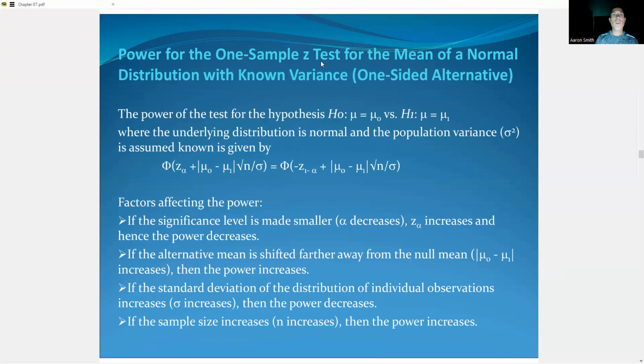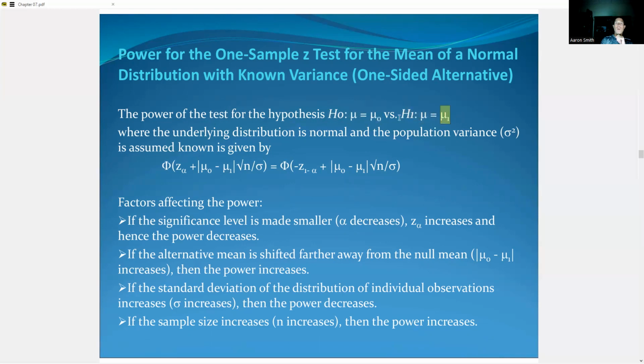Power for the one sample z-test for the mean of a normal distribution with known variance, one-sided alternative. The power of the test for the null hypothesis, mu equals first value, mu sub 0, versus the alternative of mu equals mu 1.